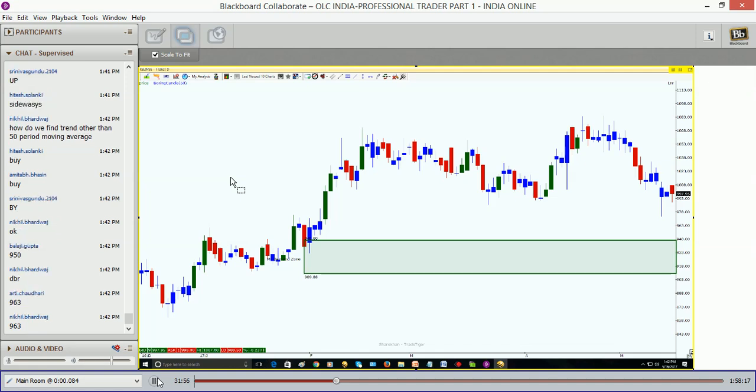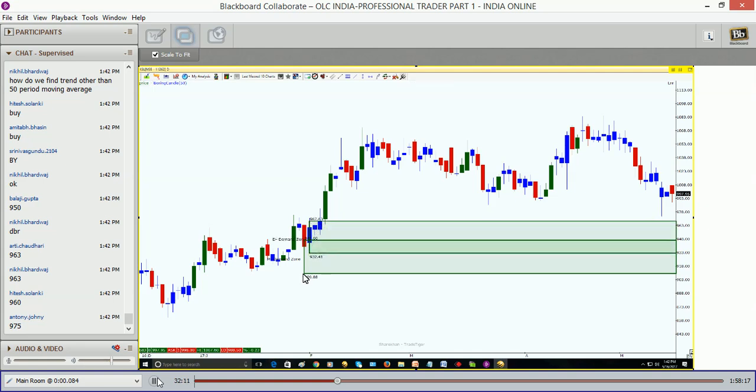Look carefully. $963. I have a drop, base, and a rally over here. Drop, base, and a rally, which is going to be my zone in IGL to enter.